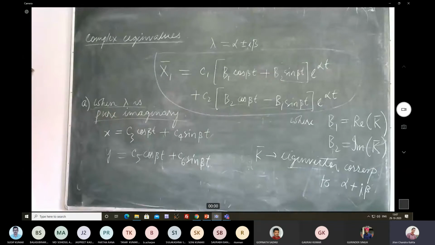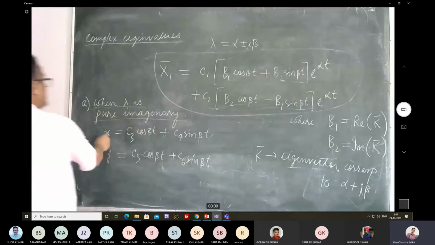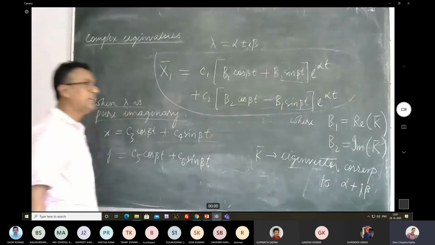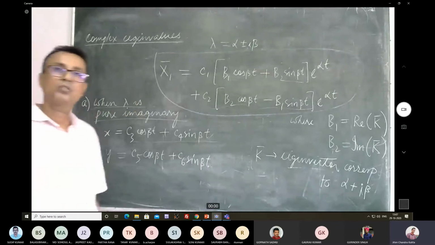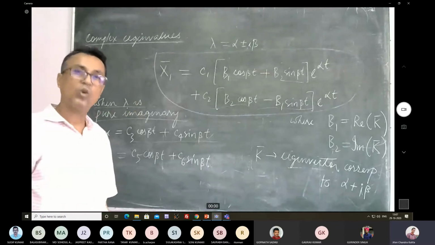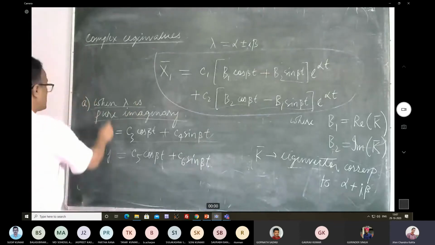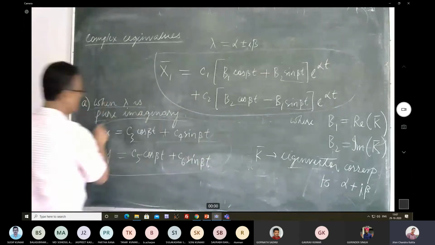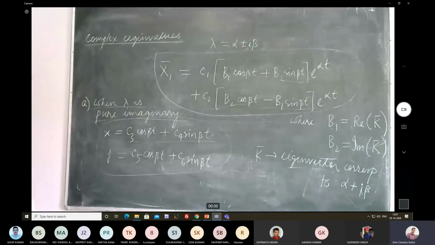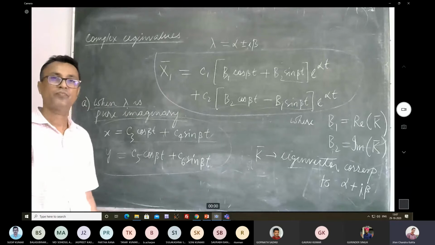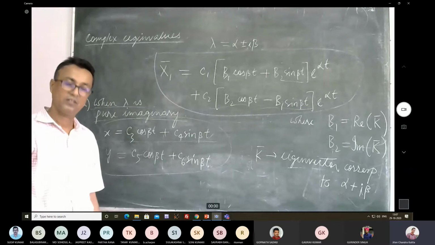Now, by eliminating sin beta t and cos beta t, this is going to give you the equation of an ellipse. Is it okay?